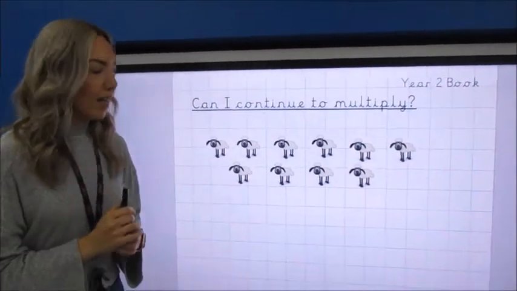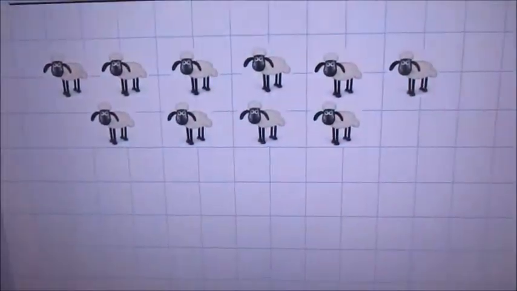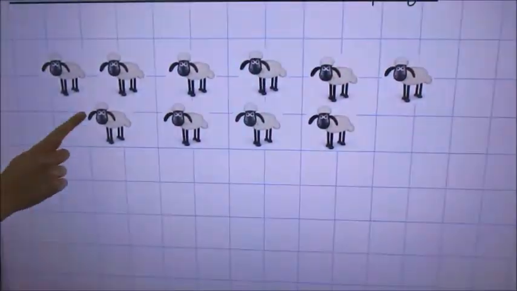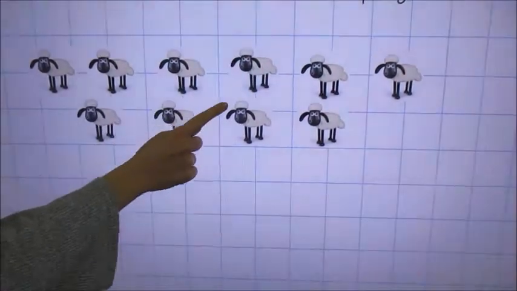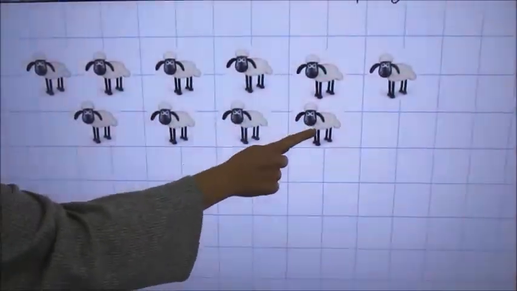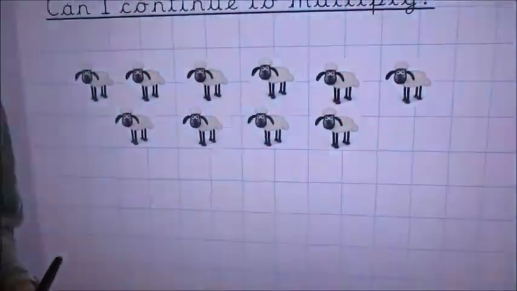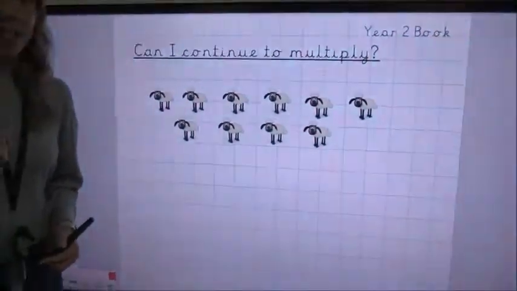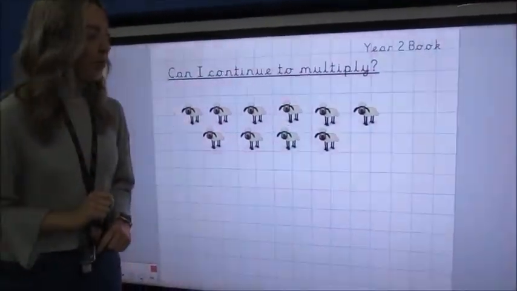So let's count first how many you need for your first sum. 1, 2, 3, 4, 5, 6, 7, 8, 9, 10. So I would like you to get 10 objects ready. Okay? Brilliant.